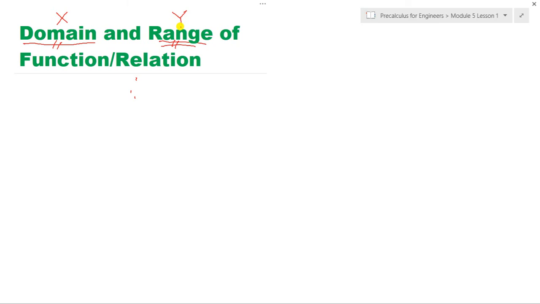Actually, class, for a certain function there is a wide range of values. Let's say, from our previous example, the money in your bank that you deposit. The amount you deposit, x, can have a certain range of values.